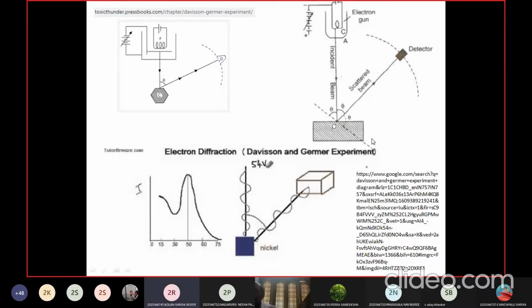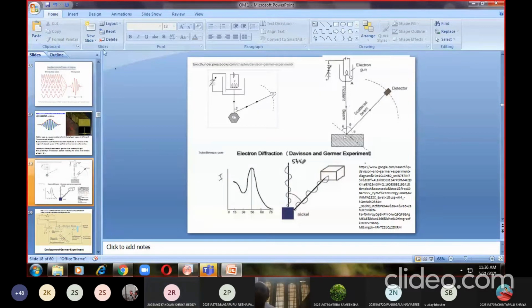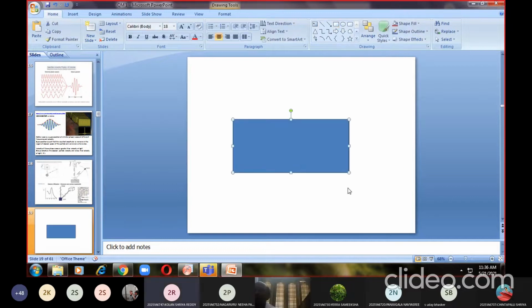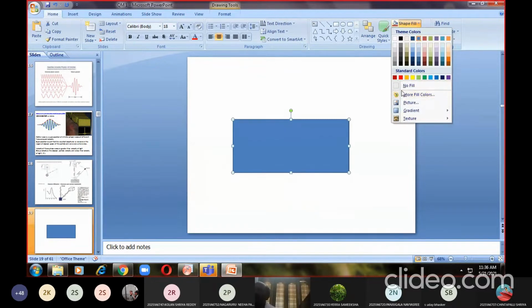Now what I will do is try to draw this in front of you. I'll add a new slide here. Now I'll draw one box. Let me suppose that this is your crystal.